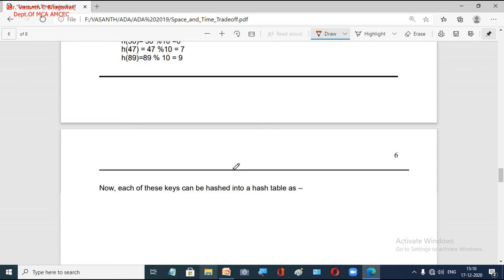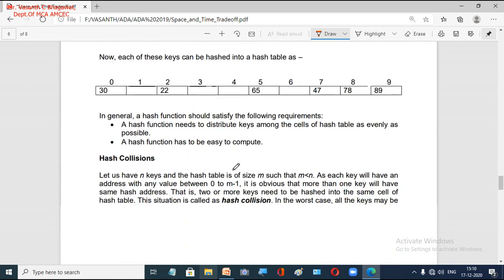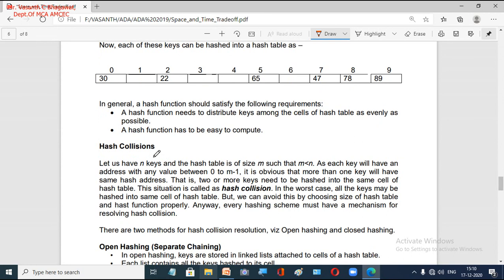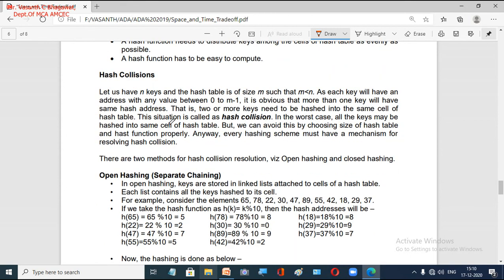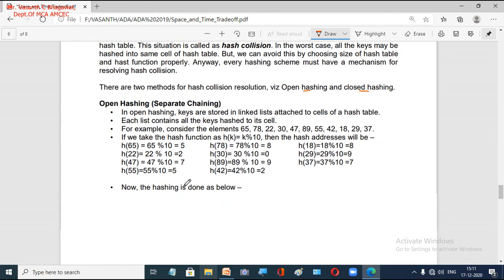What are the different types of hash keys you have? How do you build this hash function? What do you mean by a collision? Hash collisions are there, and how do you deal with that? You have 2 methods to deal with collisions in hashing. One is called open hashing and the other one is closed hashing. You have discussed this in detail in your previous semester. So this is a small bit. Again, this is also an assignment. You can just go through this particular hashing in detail.